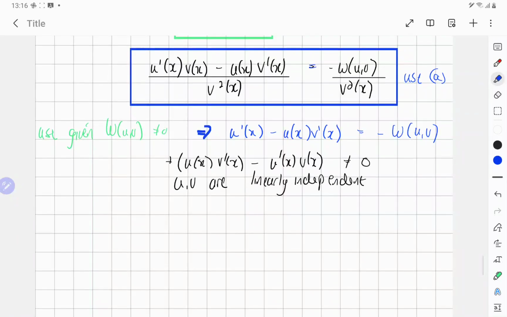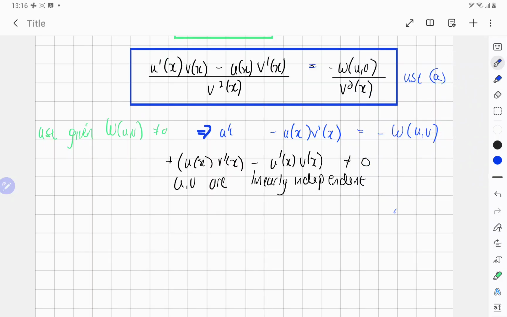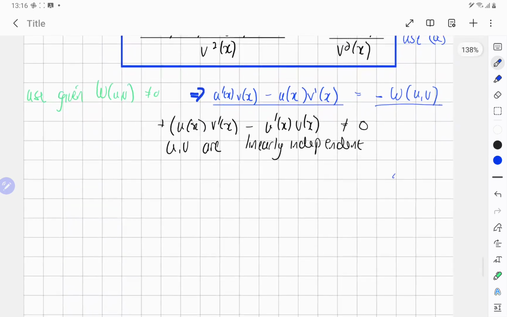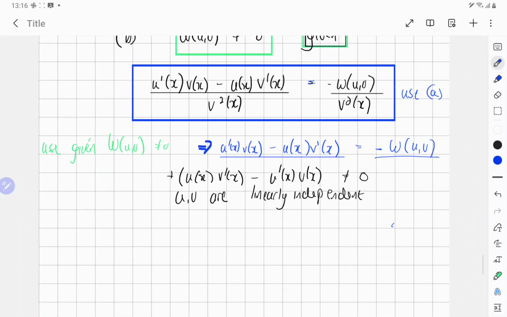So what do I have now? I have that u'(x) v(x) minus u(x) v'(x) is this, because I removed my denominator. But what do I know? If I take out a negative, I will change the signs in my bracket.